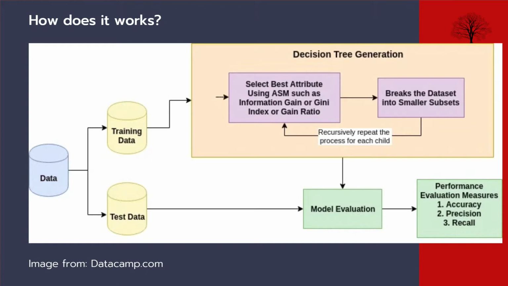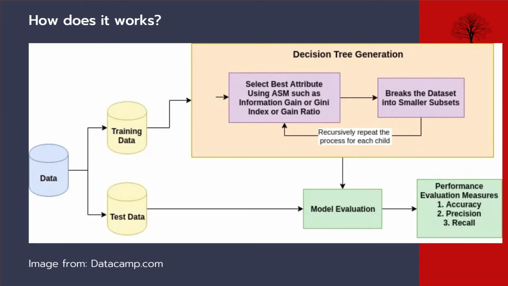ASM provides a rank to each feature or attribute by explaining the given dataset. The best-scoring attribute will be selected as the splitting attribute, and in the case of a continuous-valued attribute, split points for branches also need to be defined. The most popular selection measures are information gain, gini index, or gain ratio.